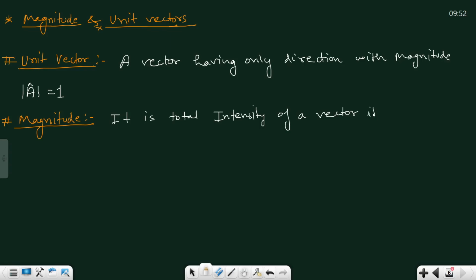It may be length. इंटेंसिटी का मतलब यहाँ समझ लेना, it may be length, force, and anything taken as a vector.